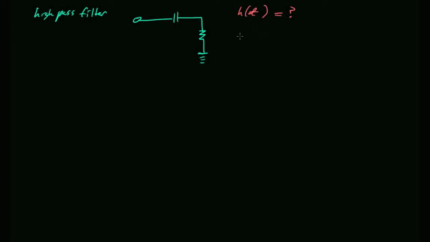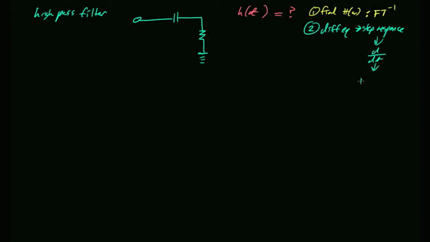So if I want to find h of t, option 1 is find h of omega and then take the inverse Fourier transform. And method number 2 is take the differential equation, use the differential equation to get the step response, and then take its derivative, you can get the impulse response.